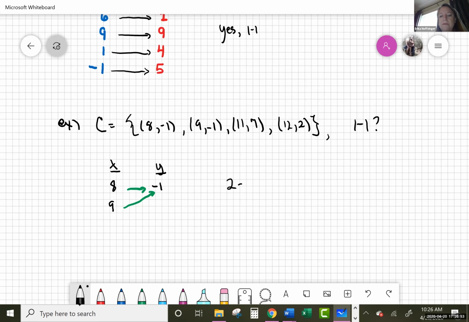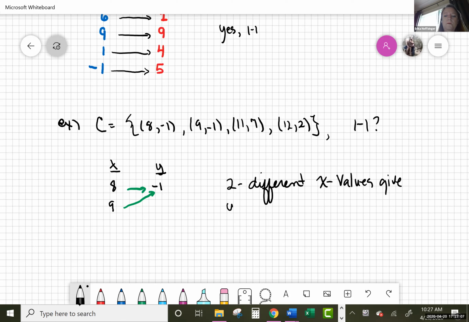So two different x values give you the same y value. So it is not one-to-one.